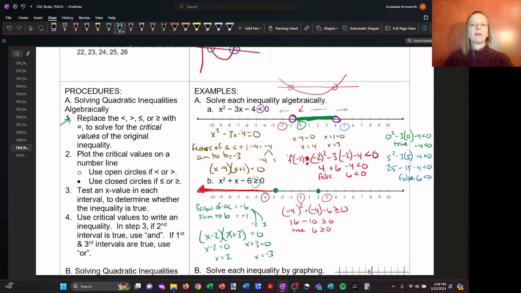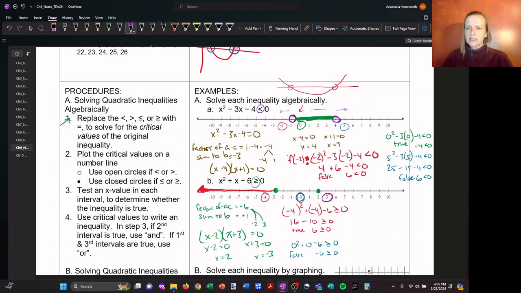This probably means that if I plug 0 in, that solution won't work. 0 squared plus 0 minus 6, is that greater than or equal to 0? Well, no. -6 is not greater than or equal to 0. This is false, so I'm not going to color in that region between the two green dots.